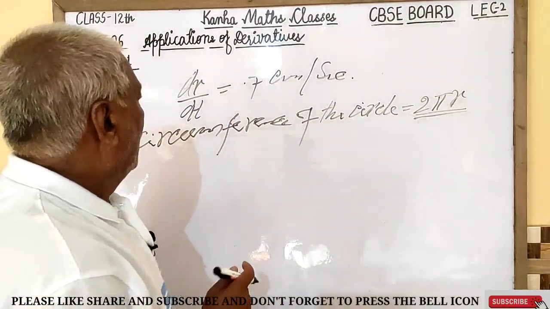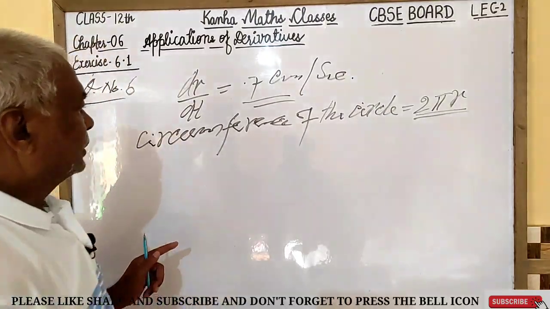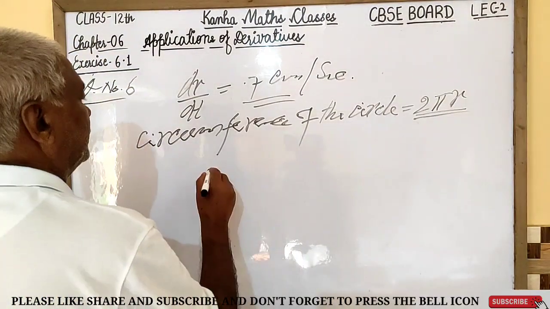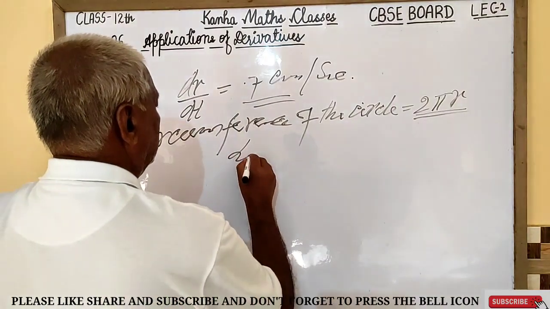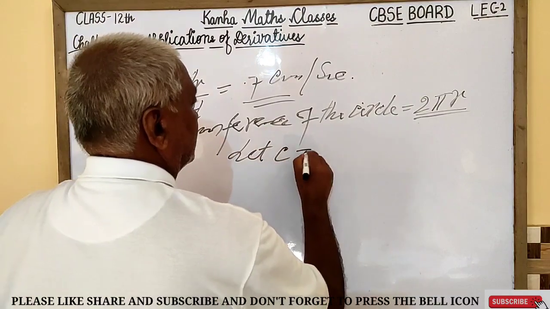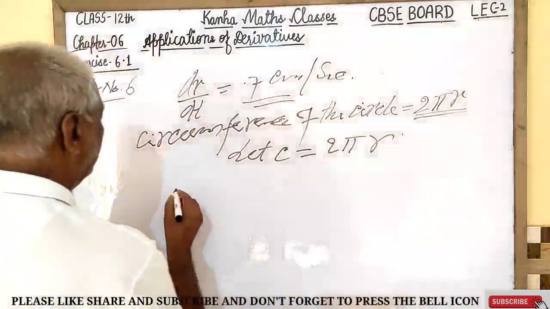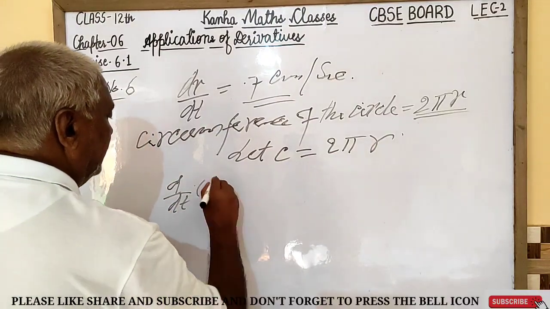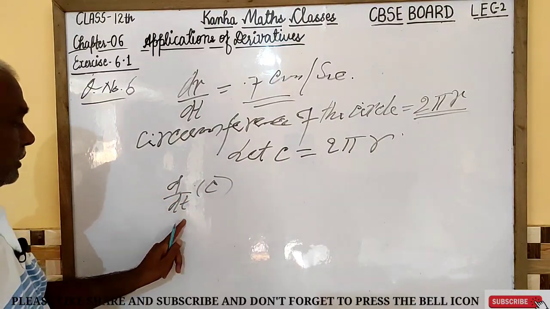Now on the ground of this we have to find the rate of increase of the circumference. If we denote the circumference by c, let c be equal to 2 pi r. Now d by dt of c means the rate of increase of circumference with respect to time.